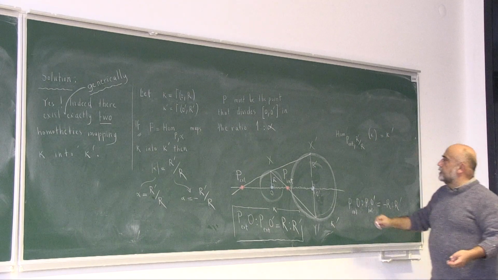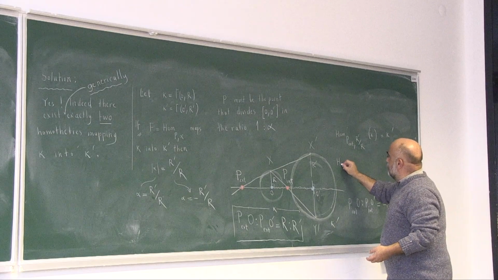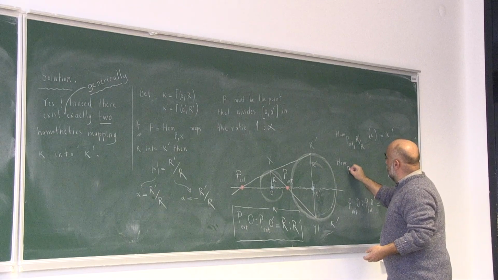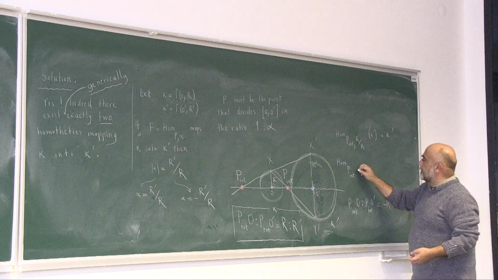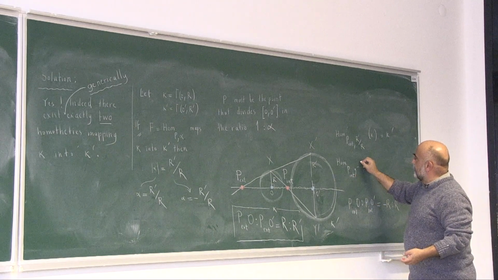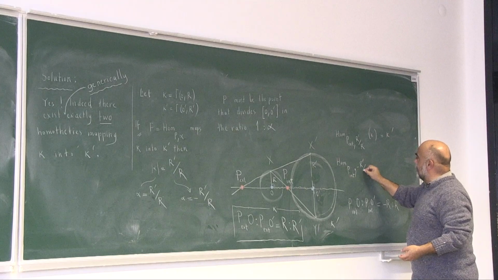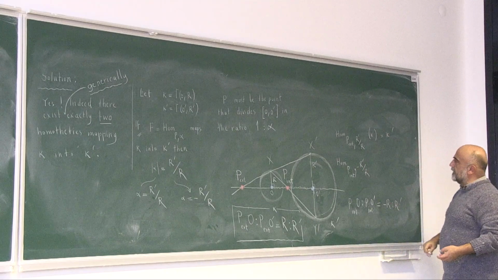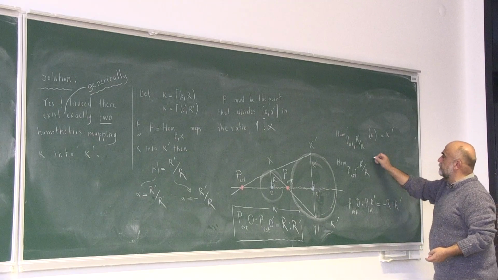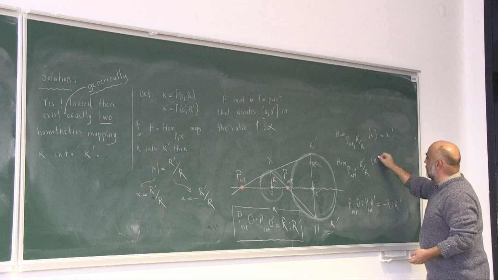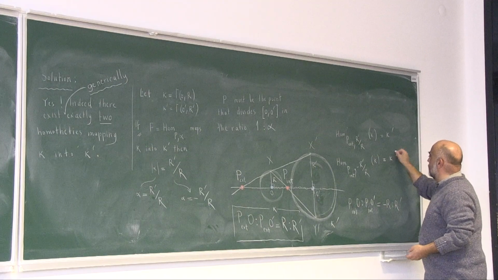Well done. And if you take the homothetic with center P int, now this time with minus r prime over r as the ratio of similitude, then again kappa is mapped into kappa prime.